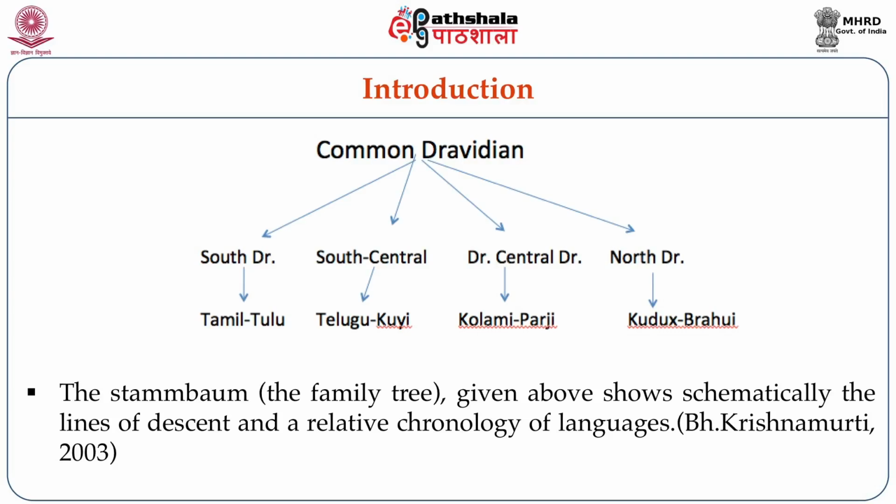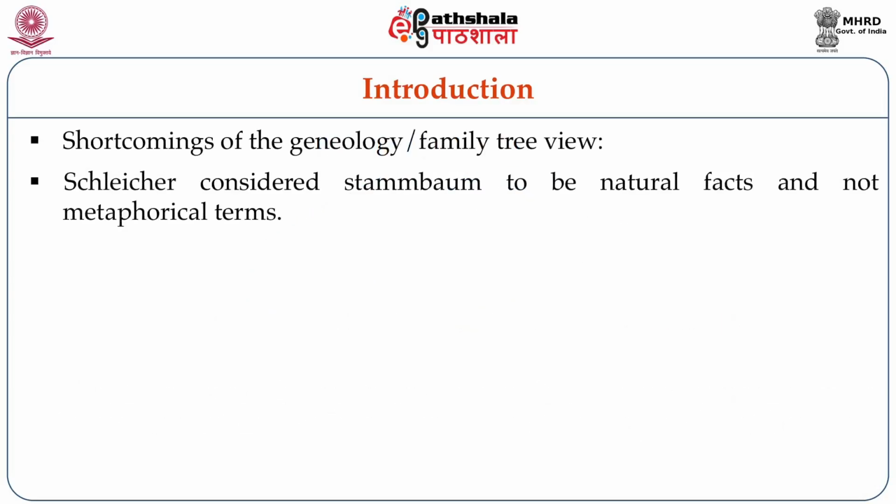When a tree diagram is provided, automatically it gives a visual picture of the relatedness and the type of relationship the sister languages hold between each other. More on this will be discussed later. Naturally, this kind of family tree diagram or family tree concept has some limitations.